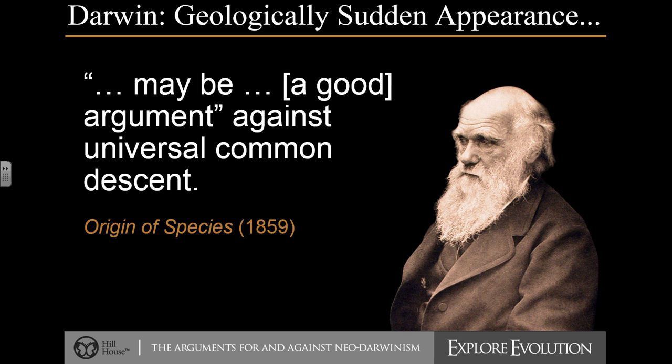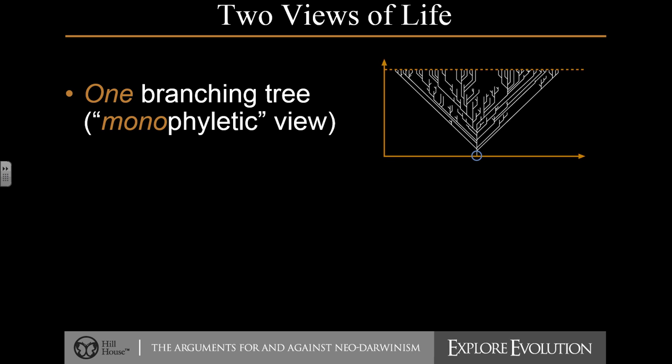And he recognized it in his original Origin of Species, that if we found fossils that showed a sudden appearance, that might be a good argument against universal common descent. And so definitely we are finding these examples of sudden geologic appearances.